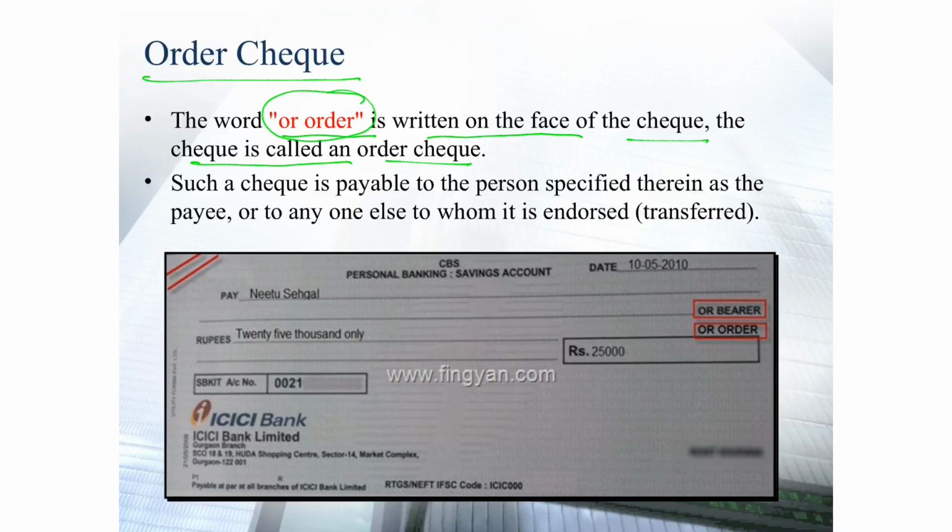Here it is written 'or order'. Such a cheque is payable to a person specified therein as the payee or to anyone else to whom it is endorsed. Endorsed means transferred to whoever has to be paid.